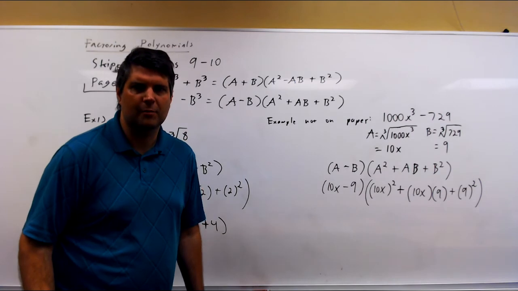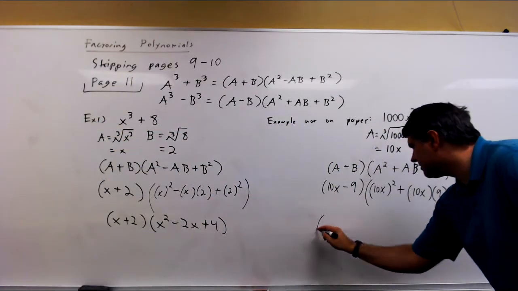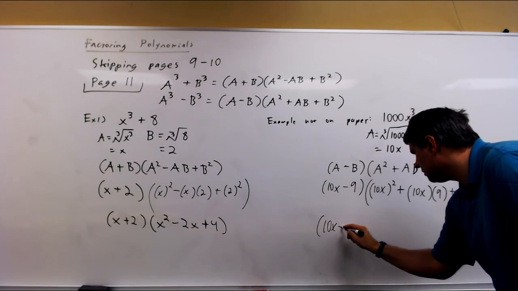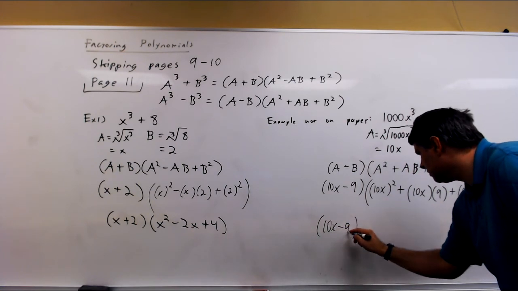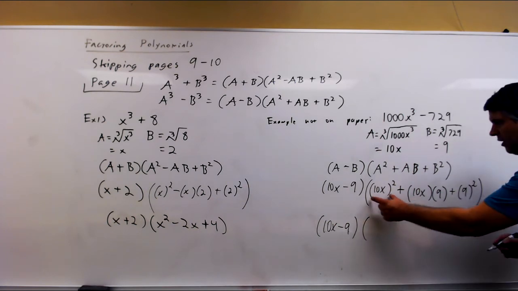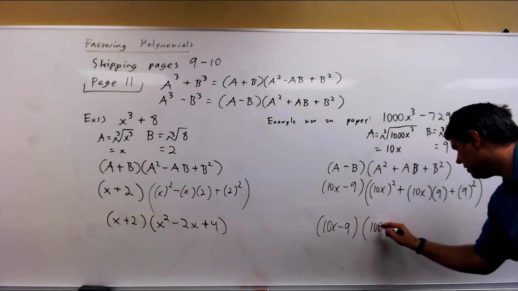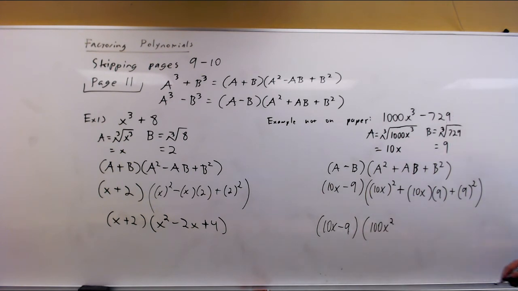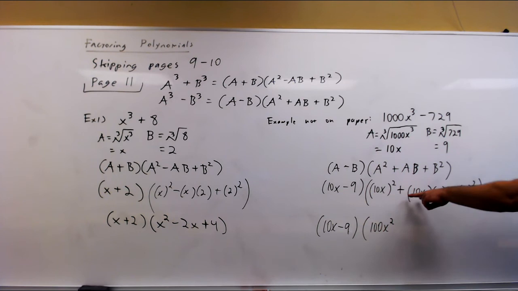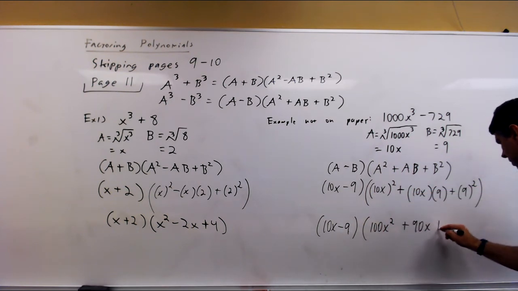All right, now over here, this will be 10x minus 9. And then 10x squared, folks, 10x times 10x is 100x squared. Okay? That's going to be plus 90x plus 81.